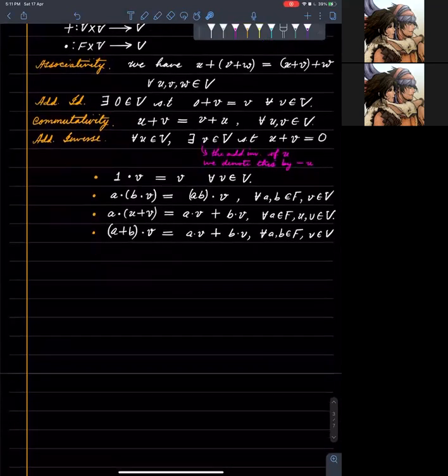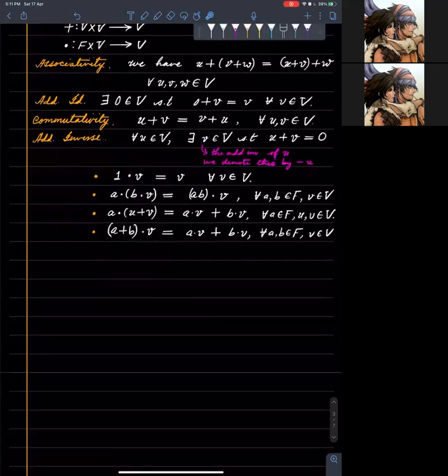All right. And let us just note a simple thing. If you scale a vector by the additive identity of the field, the zero is in the field, not in the vector space.